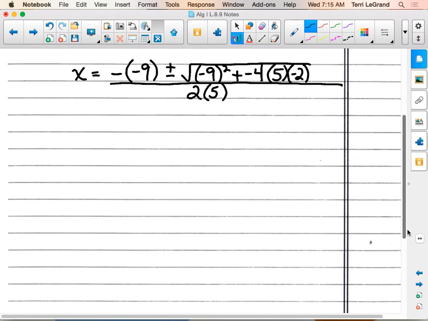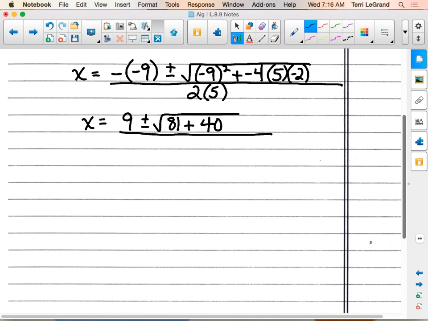Okay, now let's just start doing some simplifying here. The opposite of negative 9, 9. Negative 9 squared, 81. Plus, negative 4 times 5, negative 20. Negative 20 times negative 2, 40.